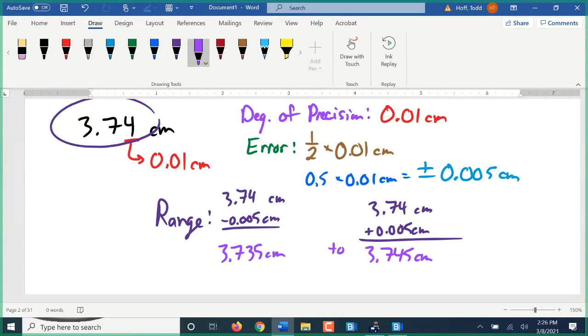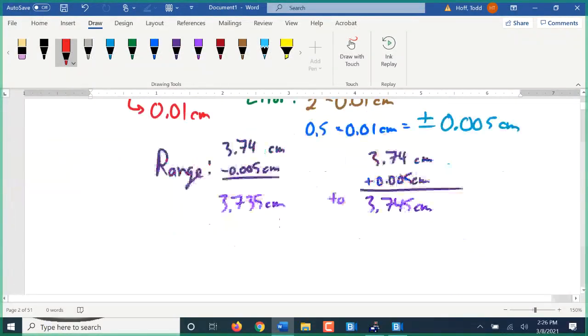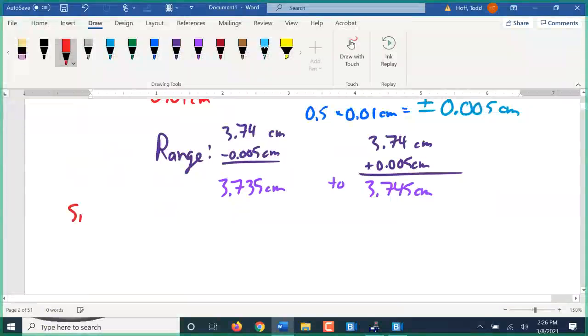Now this is kind of a tricky concept. It's not a way you're used to thinking. If this were a more formal math course, or if it were a physics or an engineering course, we would talk about something called significant digits.